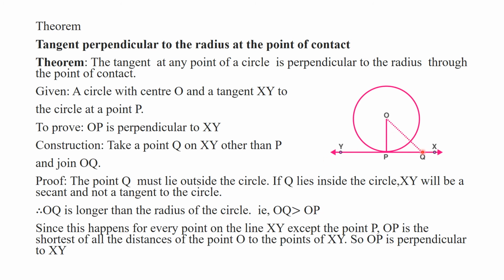Since Q lies outside the circle, we can say OP is smaller than OQ, or OQ is longer than the radius of the circle. This happens for every point on the line XY except the point P. OP is the shortest of all the distances from the point O to the points of XY. Therefore, we can say OP is perpendicular to XY.